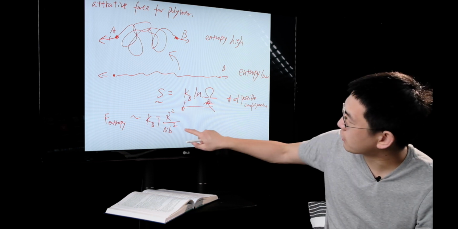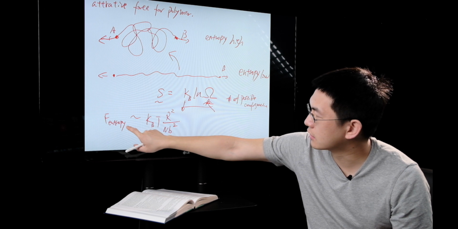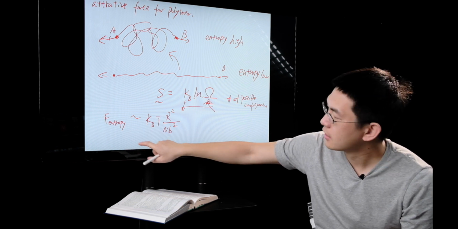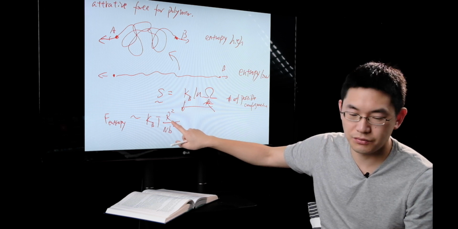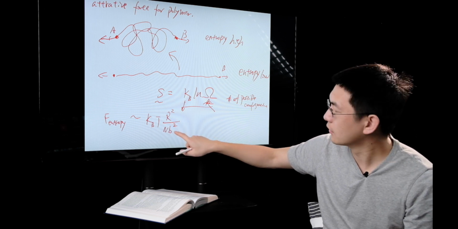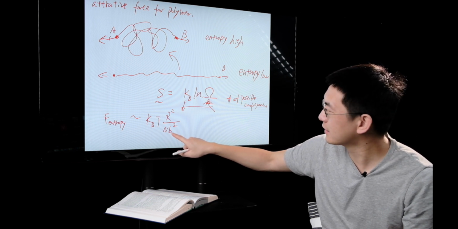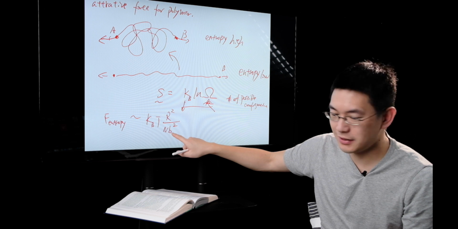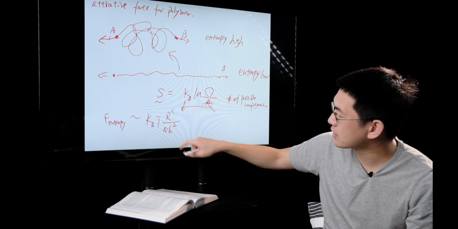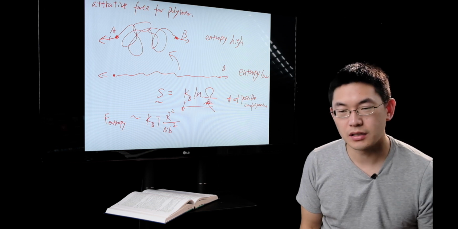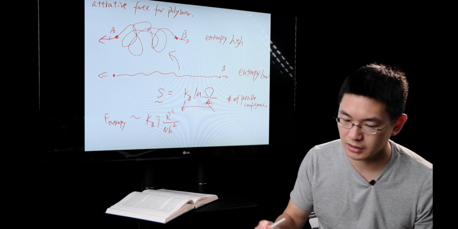Let me explain what this term is. That tells you what the entropy in the system is. R squared is directly proportional to the size of your polymer coil. Rb squared is the equilibrium end-to-end distance. So your entropy, which is going to increase with the expansion of your polymer coil, is going to hold your polymer chain together.